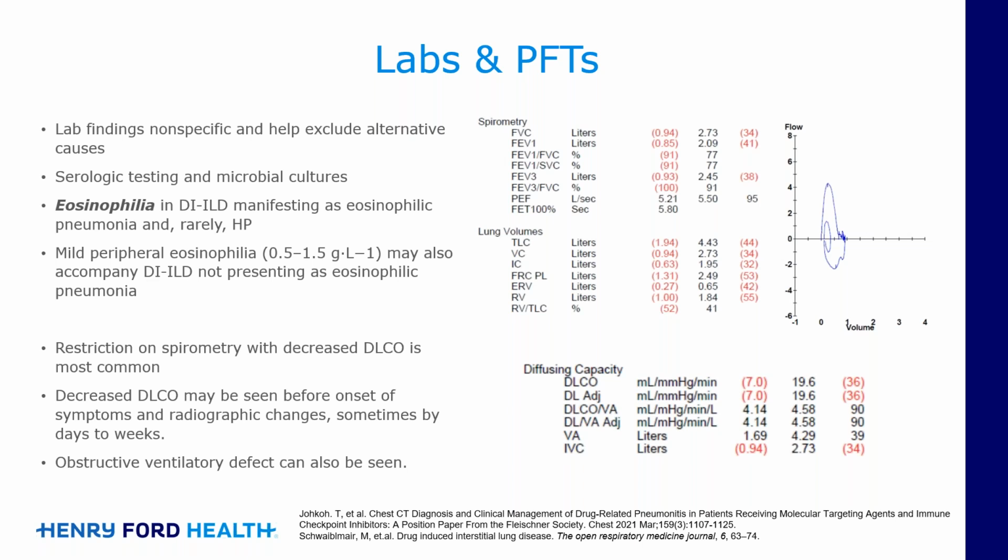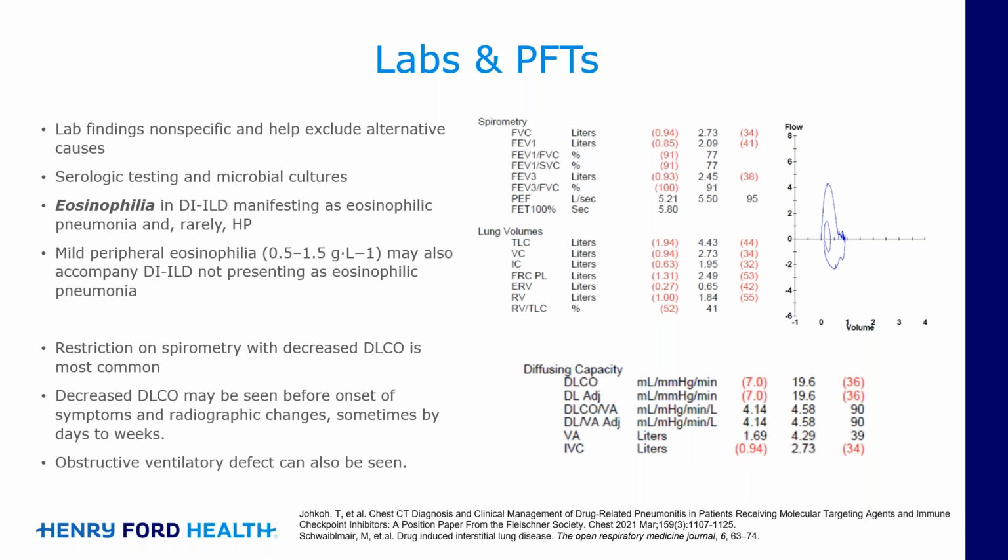In terms of lab findings, for drug-induced ILD they can be very non-specific and typically are used to exclude alternative etiologies. Eosinophilia can be seen in patients with drug-induced ILD who present as eosinophilic pneumonia or even hypersensitivity pneumonitis, but some patients who do not have a full-blown eosinophilic pneumonia pattern can still have mild peripheral eosinophilia accompanying drug-induced ILD.